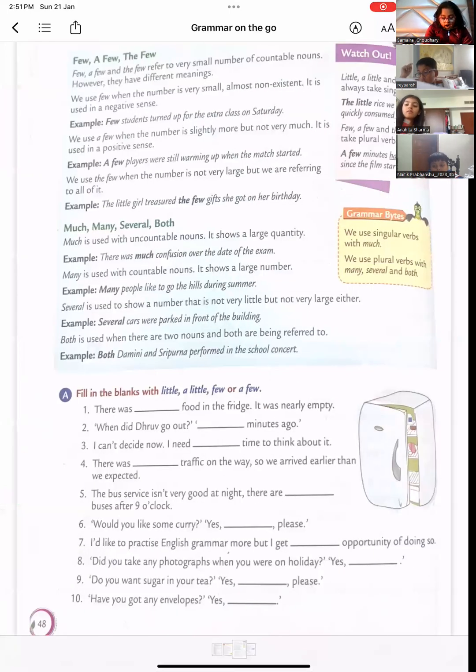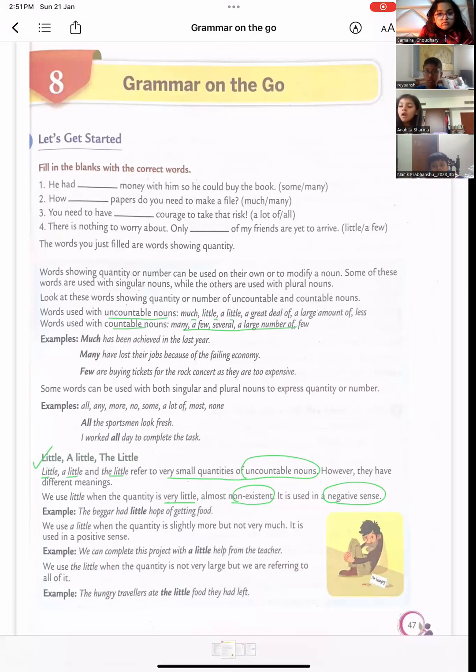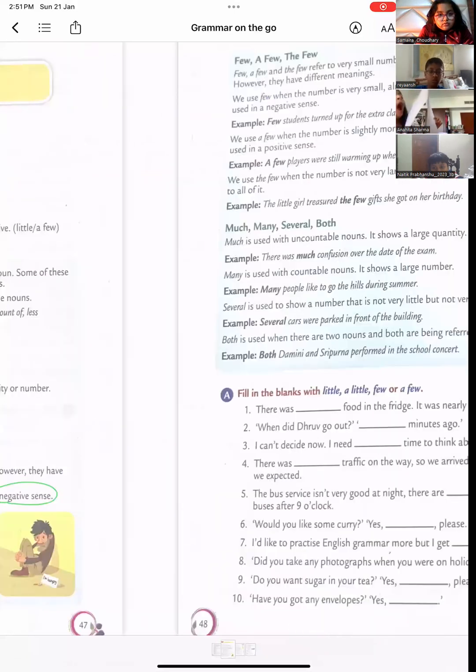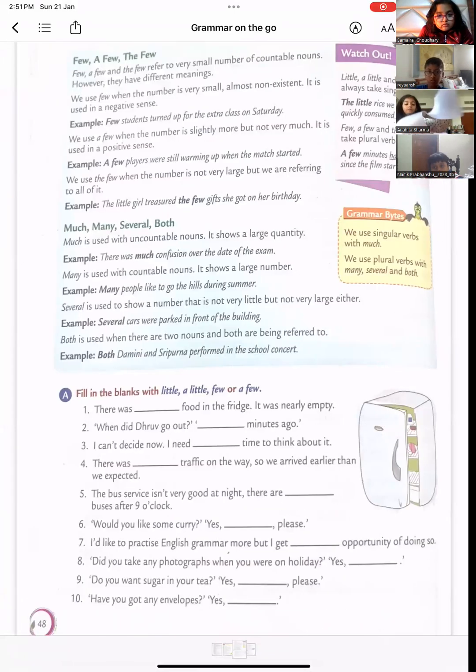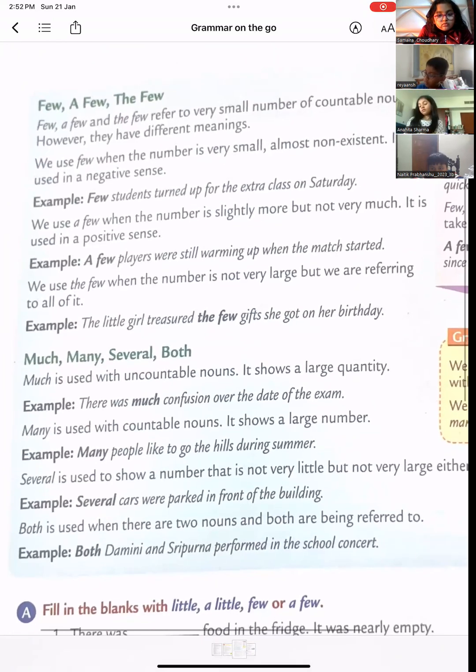Next. When to use few, a few, and the few. Now, when we were talking about little, it was for uncountable nouns. When I'm talking about few, kids, it is about countable nouns, okay? Like the cars on the street, the pencils in your pencil box, the number of children in the bus, correct?